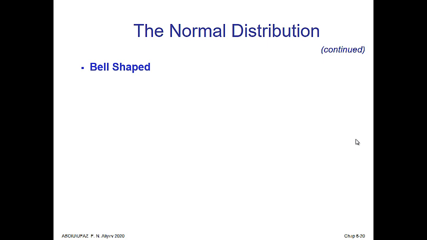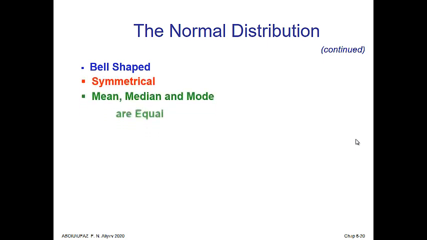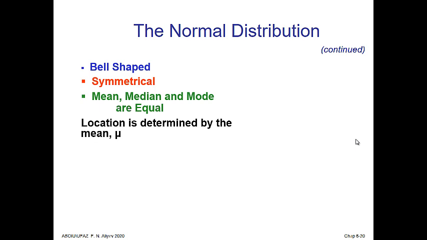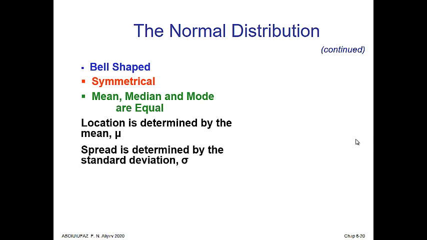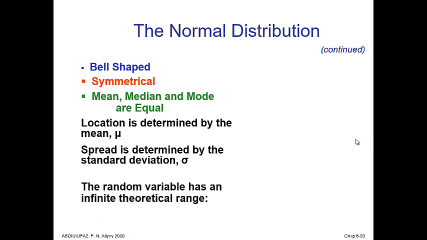First, the normal distribution is bell-shaped and symmetrical. Mean, median and mode are equal for this distribution. The location is determined by mu and the spread is determined by the standard deviation. The random variable has an infinite theoretical range.